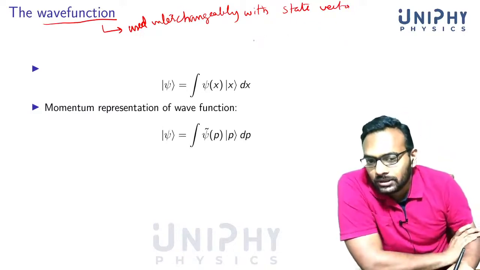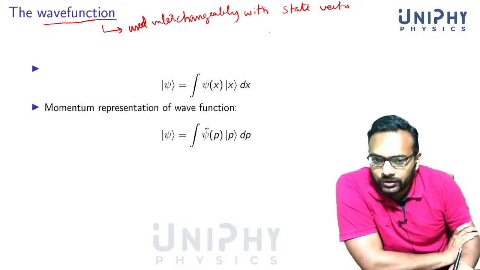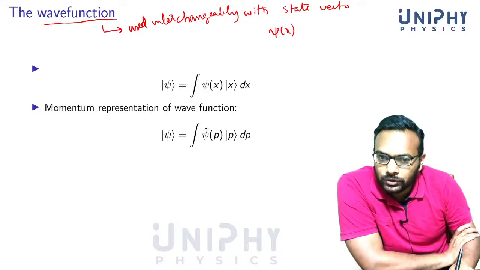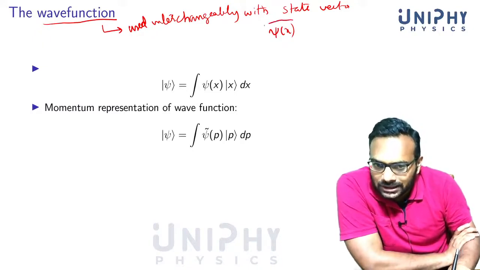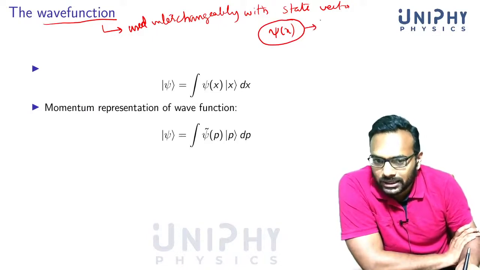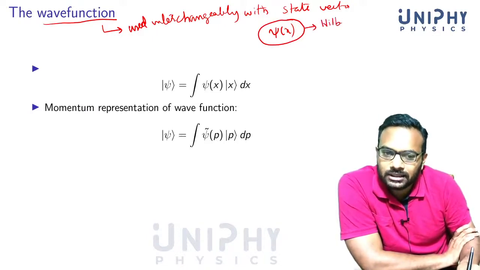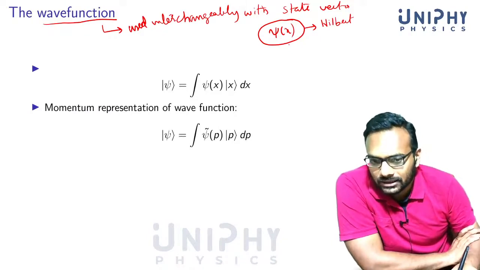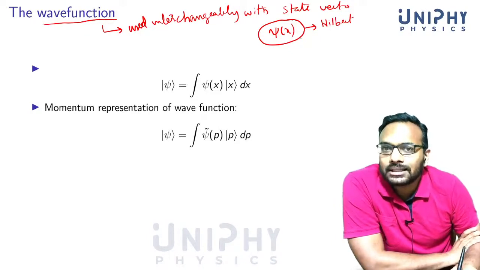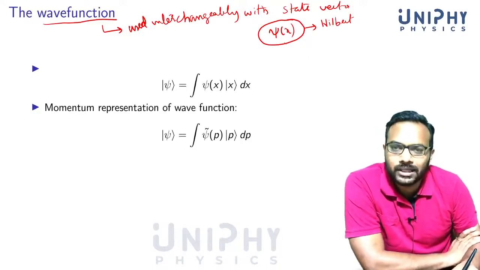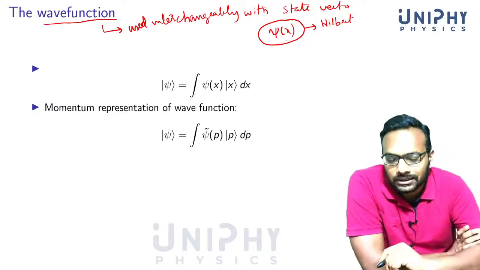But historically, the idea of wave function was some complex function psi of x. Now, I want to tell you what this psi of x means in our linear vector space formulation, or in our Hilbert space formulation. If you started studying quantum mechanics in your undergraduate years, the only thing you deal with is psi of x, some complex function obeying an equation known as the Schrodinger equation.